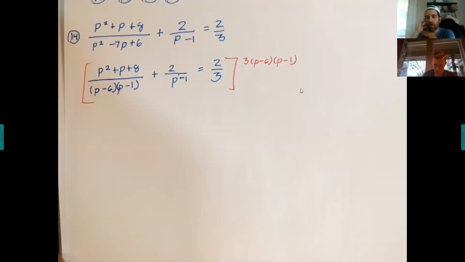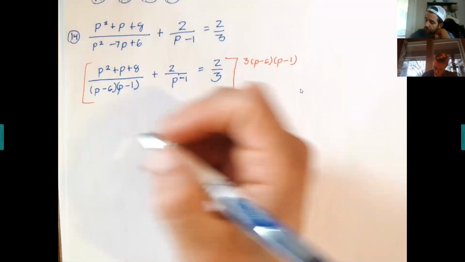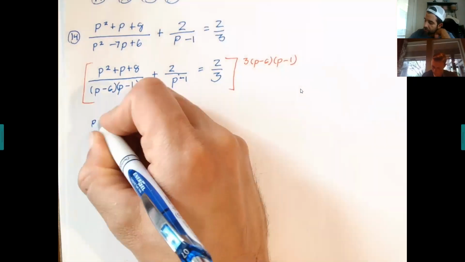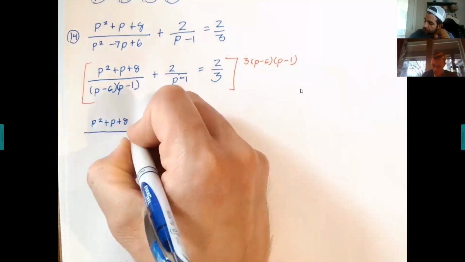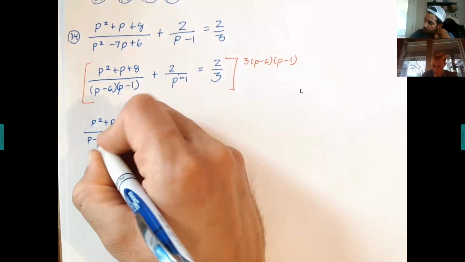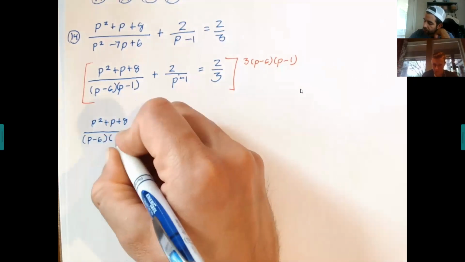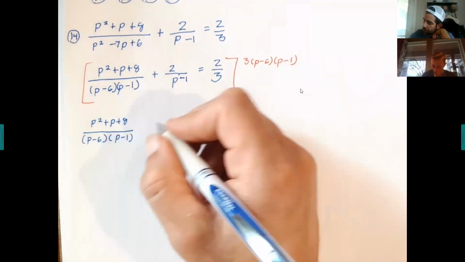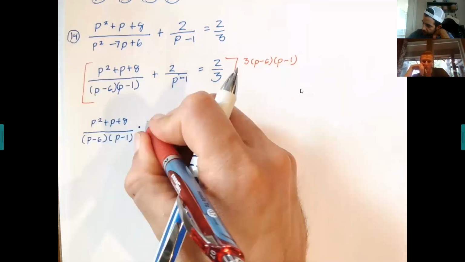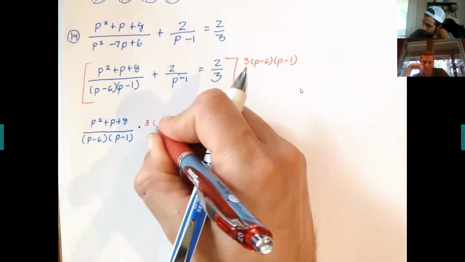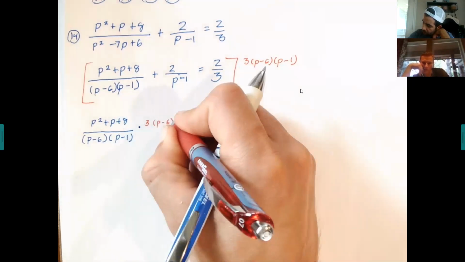Okay. Now, from the stuff we talked about in the previous video, I'll show you again. What happens is that I'm distributing. You might want to hold off on writing this for a second, just to see if you even want to write it. But essentially, I'm going to multiply this times 3(p minus 6)(p minus 1).